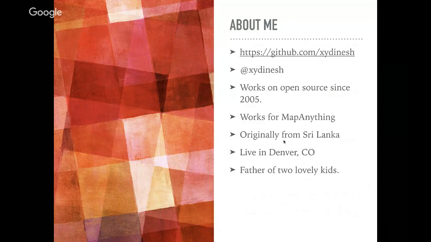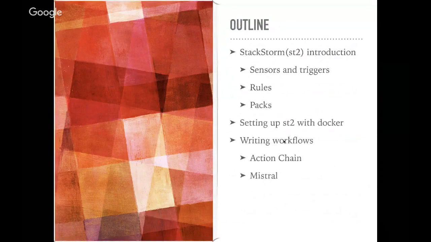Let's move on to talking about StackStorm. This is the outline I'm planning to discuss today. I'm giving a little bit of introduction on what StackStorm is and different components of StackStorm, including sensors, triggers, rules, packs, and how to install those packs and exploring different actions inside packs and so on.